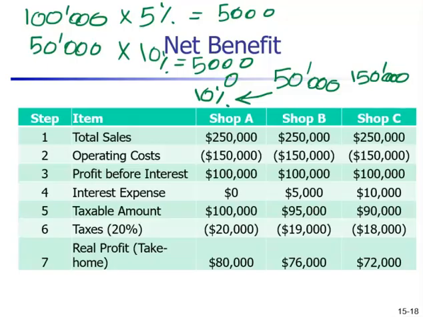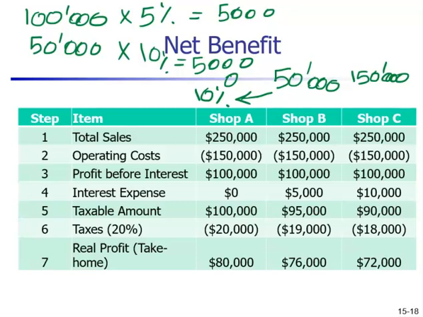Now we have the interest payment, so we can calculate the taxable amount. The taxable amount for Shop A is 100,000. That's the part where differences will show themselves.